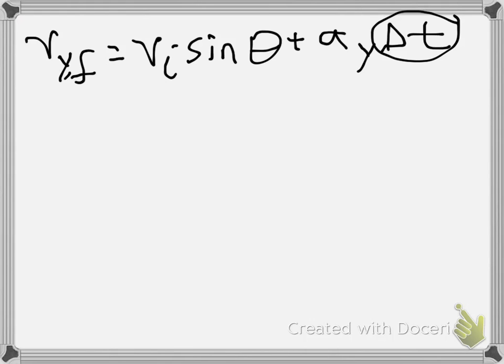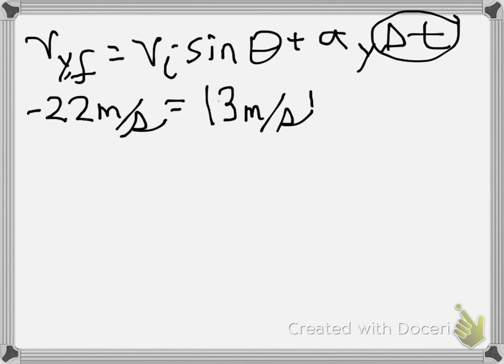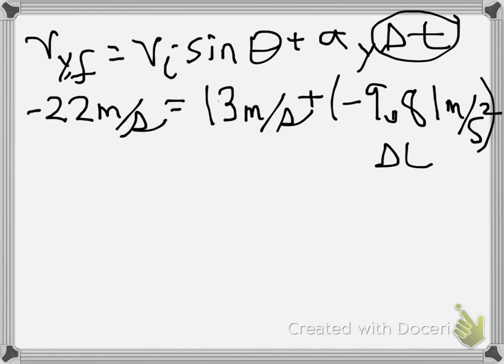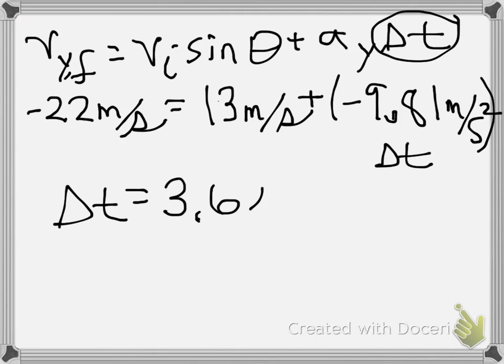So Vyf, which I just figured out was negative 22 meters per second, equals Vi sine of theta, which was 13 meters per second, plus a negative 9.81 meters per second squared times delta t. When you solve that, doing your manipulations, you should get your delta t to be 3.6 seconds.